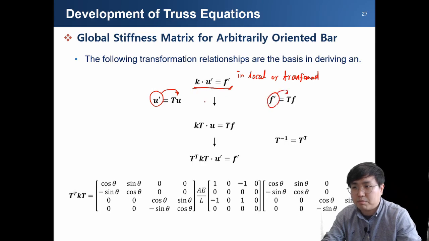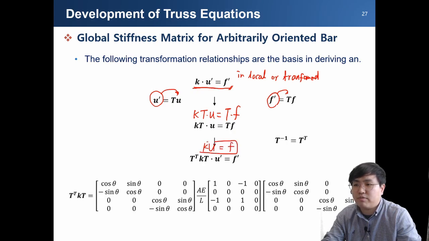Then this becomes k T u, and this part becomes T f, and finally we hope that the total forces F equal K U.